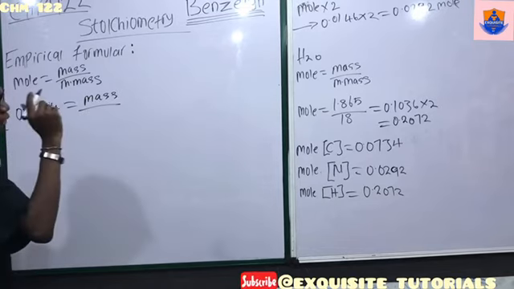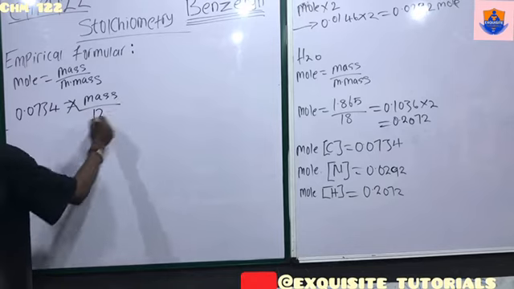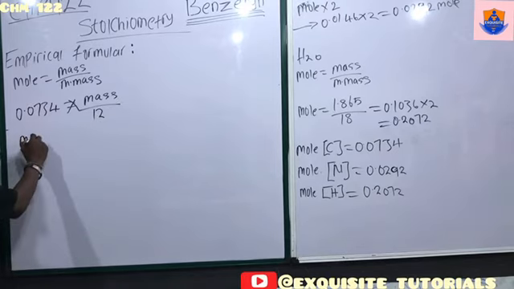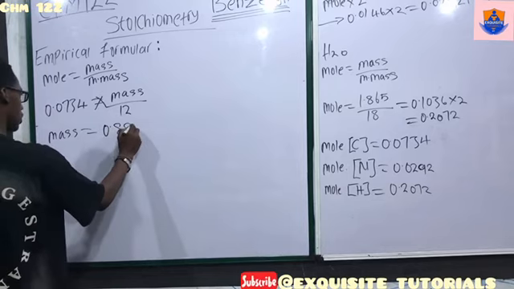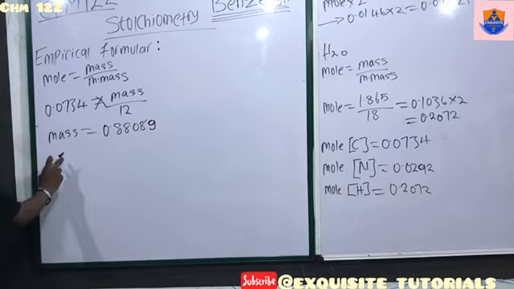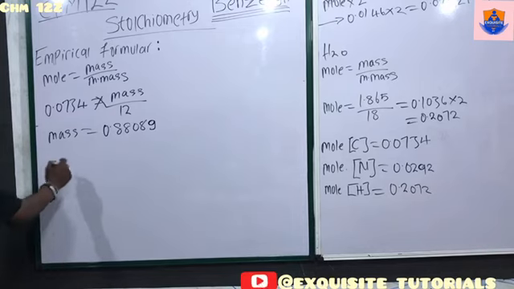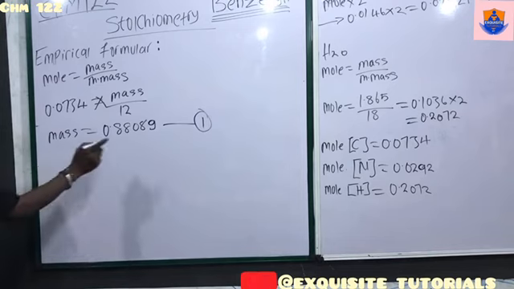The molar mass of carbon is 12, so cross multiply, and we have its mass as 0.8808 gram.